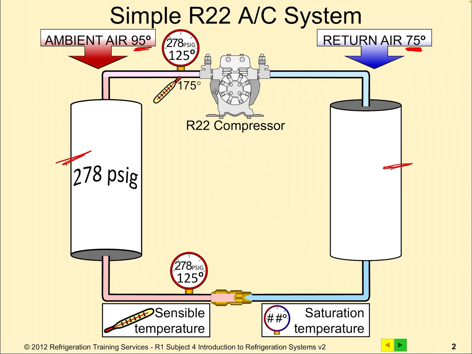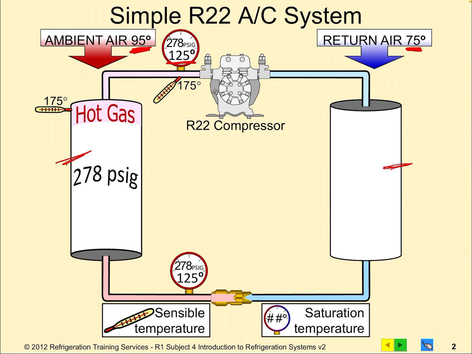On this condenser, leaving the compressor, we're going to have a saturation temp of 125 degrees. So between the 125 and the 95, that's going to give us about a 30-degree delta T. Now that's my typical design conditions that I would normally expect to see on a condenser.